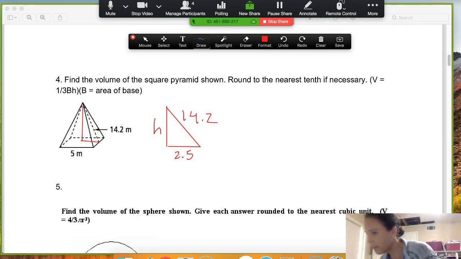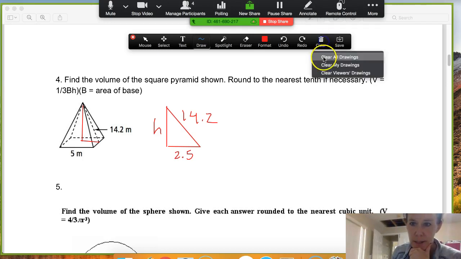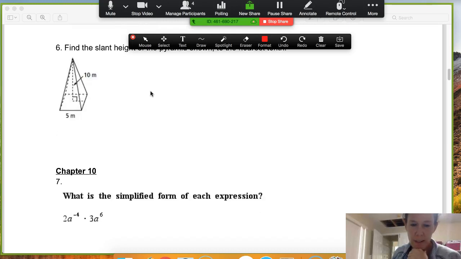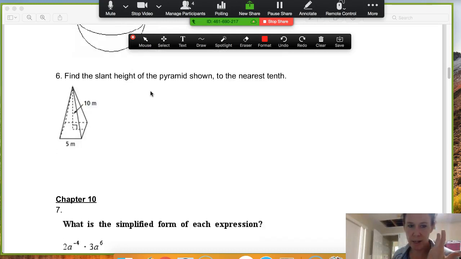Okay, so let's go on to number 6. Let me see. Okay, number 6, scrolling down. Find the slant height of the pyramid shown to the nearest tenth.